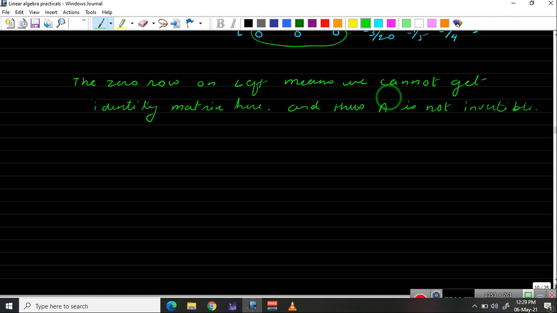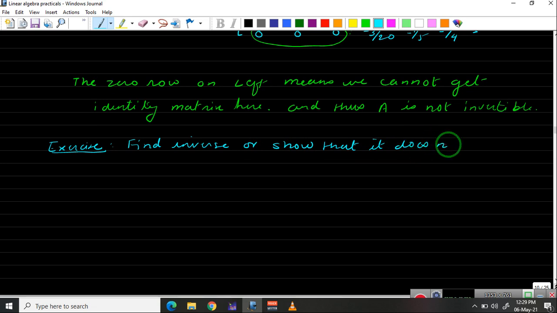So as a concluding remark, let me give you two examples that you solve. Exercise: find the inverse or show that it does not exist for, let me give two matrices.